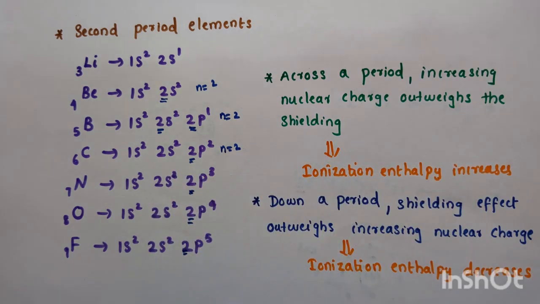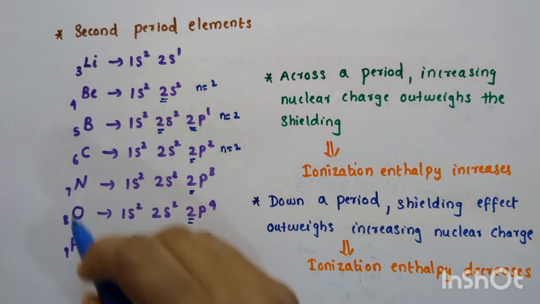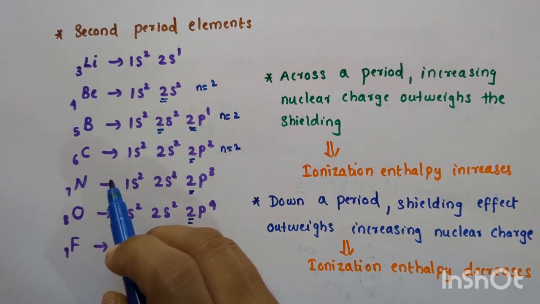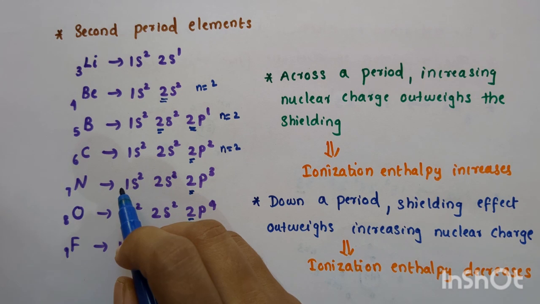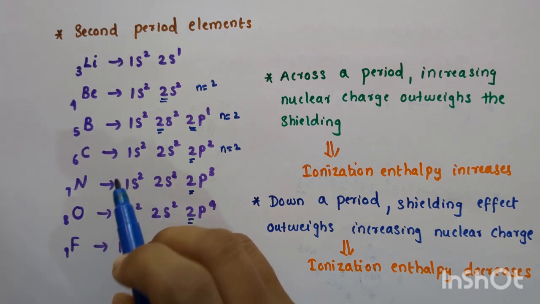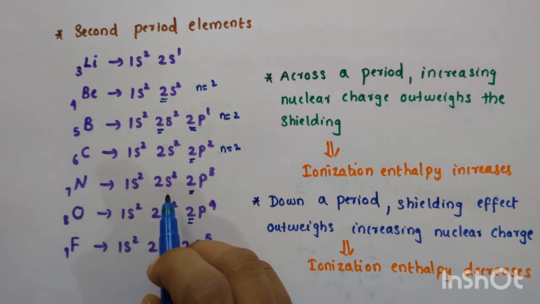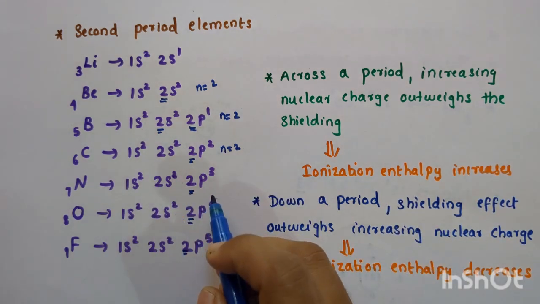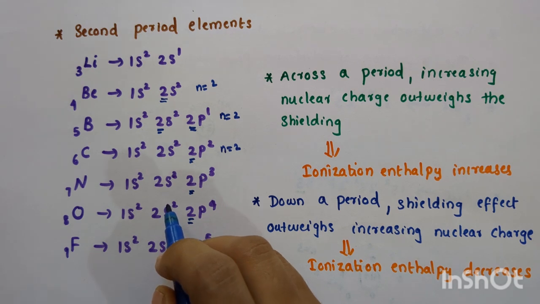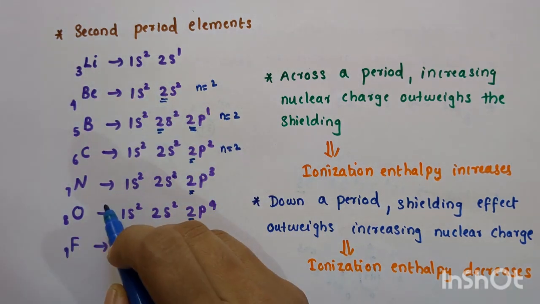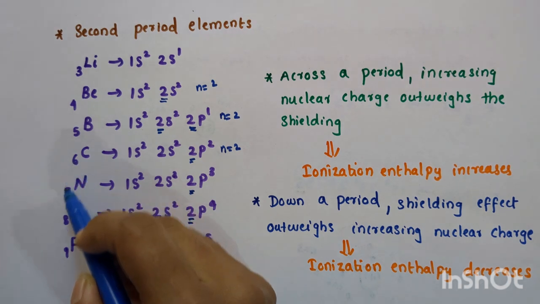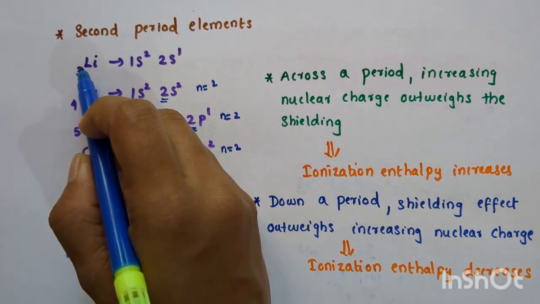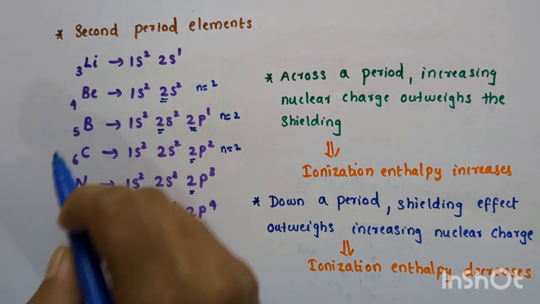Since the atomic number increases from lithium to fluorine, effective nuclear charge increases and this dominates the shielding effects. Shielding effect means inner core electrons reduce the nuclear charge. Effective nuclear charge is the net nuclear charge experienced by outer electrons. Here we have 3 plus charge, then 4 plus, 5 plus, 6 plus, 7 plus.